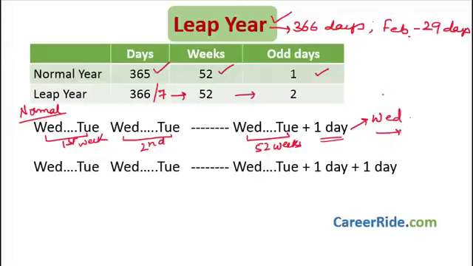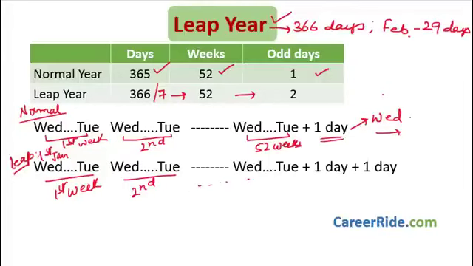Now, taking the same example, if we talk about a leap year, what would happen? It would start on Wednesday. Let's say the 1st of January for this leap year falls on Wednesday. The first week will get over on Tuesday. The second week will start on Wednesday and get over on Tuesday.